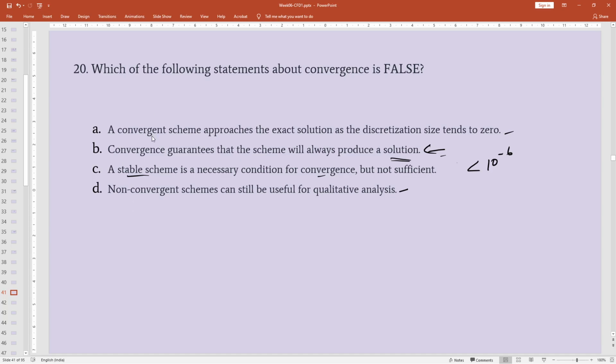So the only one that can be taken as false is that convergence guarantees that the scheme will always produce a solution. Once again, convergence is some set criterion: our residual errors should come down below some particular value.